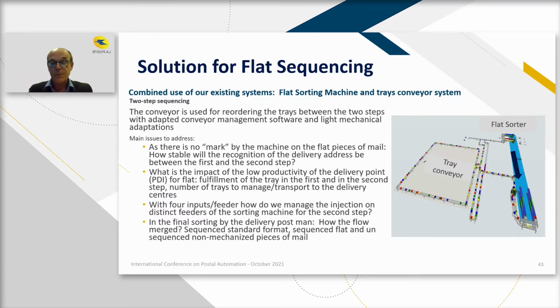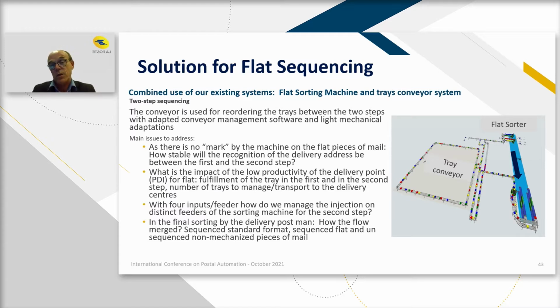So it's a very schematic point of view, and in reality, we have some points to address, and I will try to list them. The first is that as we have no mark on the piece of mail, we are not sure that when we process the same piece of mail again in the second step, the machine will give exactly the same recognition.